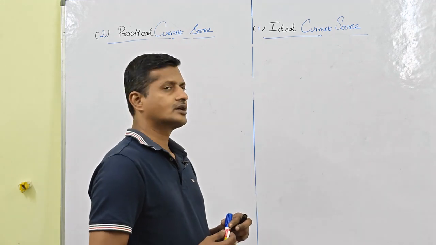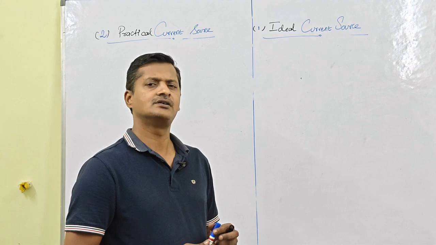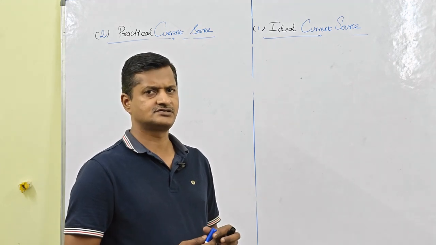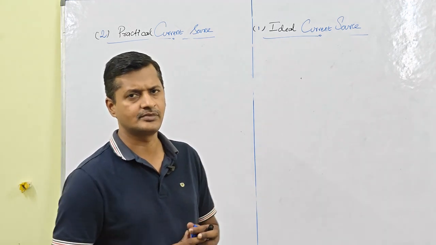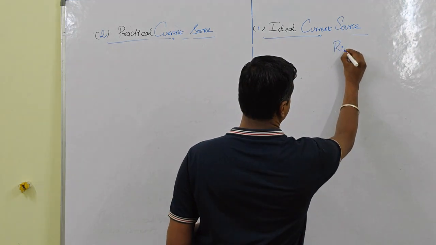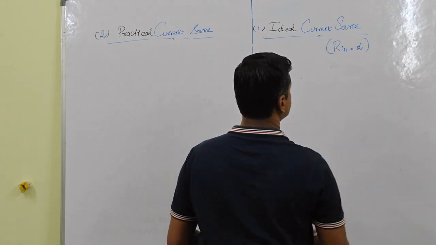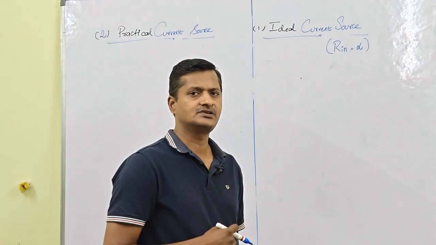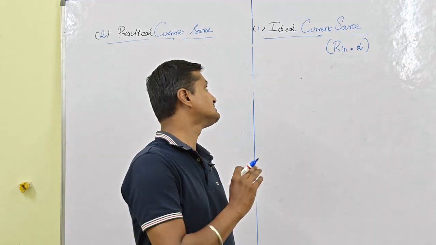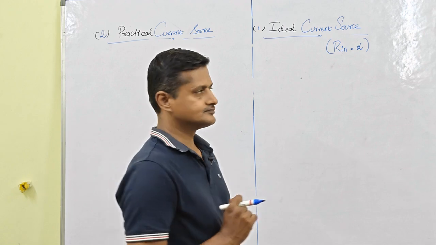Ideal current source means we assume the internal resistance of the source is infinite. So the internal resistance R will be infinite. That is an ideal current source, right?